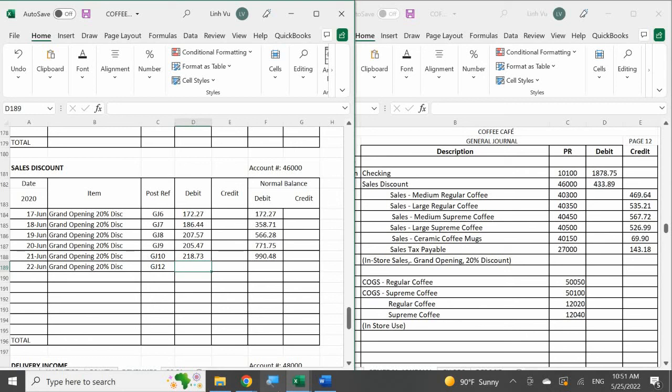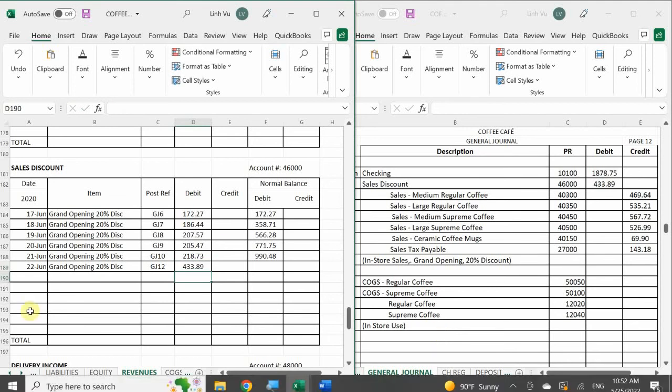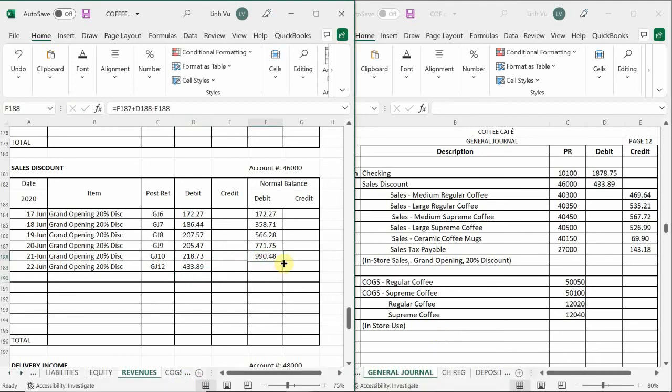You're always going to have coffee all the time, okay? So in this case, we do it for 7 days a week. So right now, we've only issued 2, 4, 6 discounts so far, okay? And the amount of discount that we have issued was $433.89, which gave us a grand total of discounted amounts to be $1,424.37.